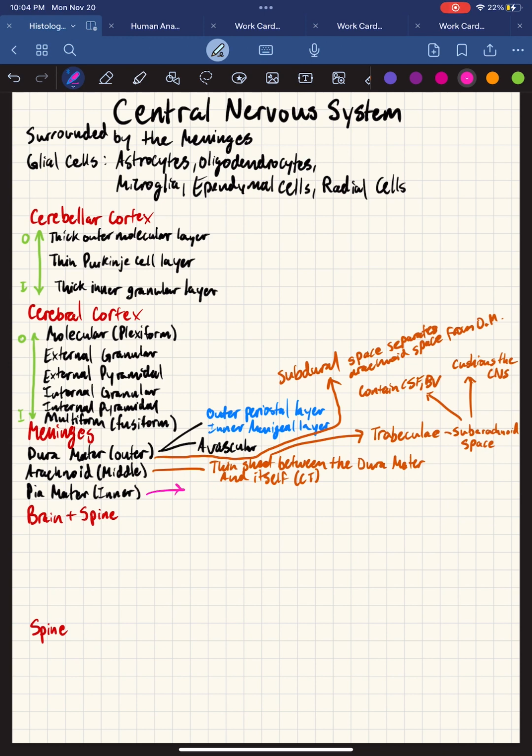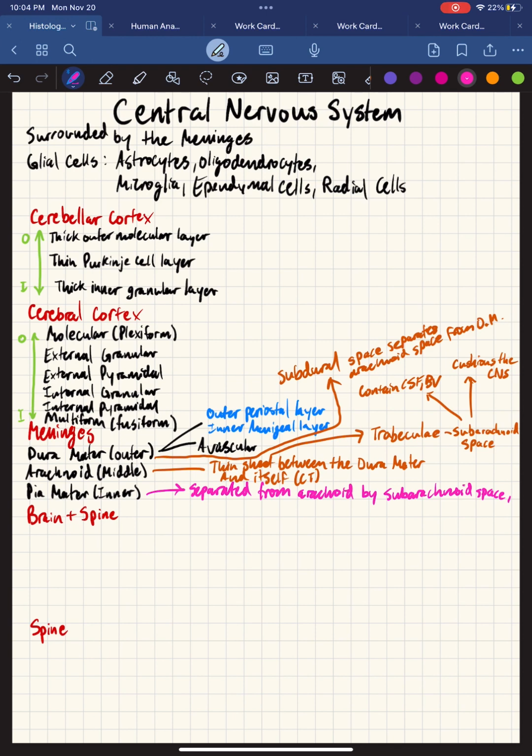This is separated from the arachnoid by the subarachnoid space. It seems a little redundant to write these out, even though we've said it multiple times, but it's important to remember their specific spaces because you don't want to get them messed up, and they do actually have functions.